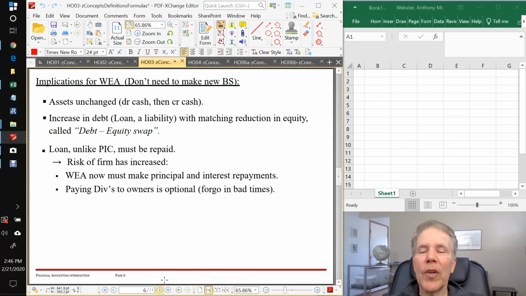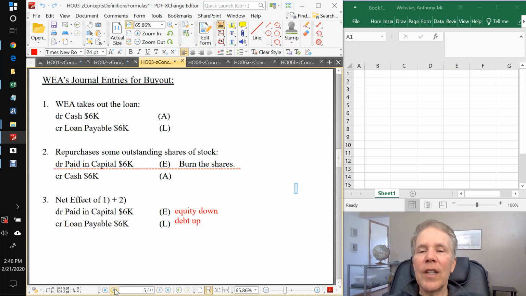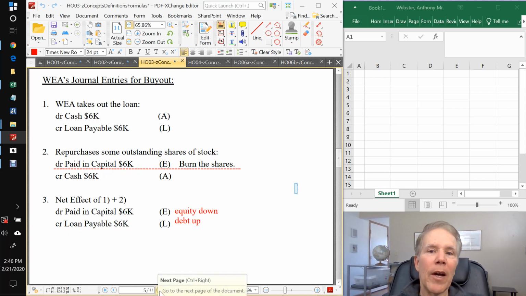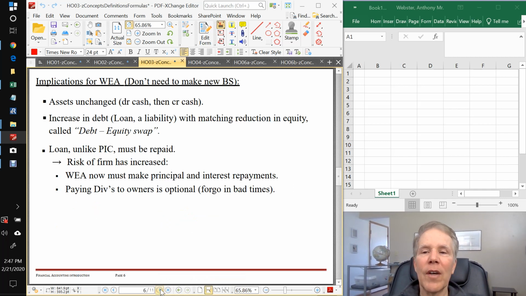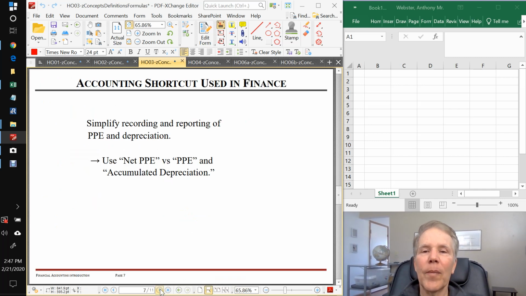So here are the implications, and this clearly has made the firm more risky, right? Because now it has this additional debt liability where it's got to pay interest, and it's going to have to pay that back someday. When all this was in equity, what do you have to do with equity? Nothing, right? No promises. You just got to be not fraudulent. So it made the firm riskier.